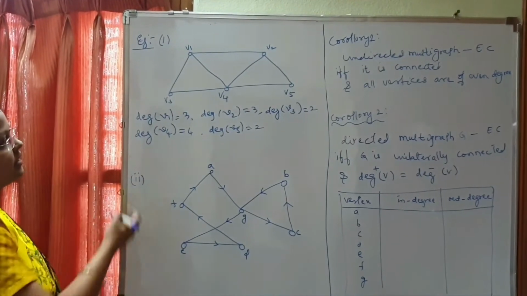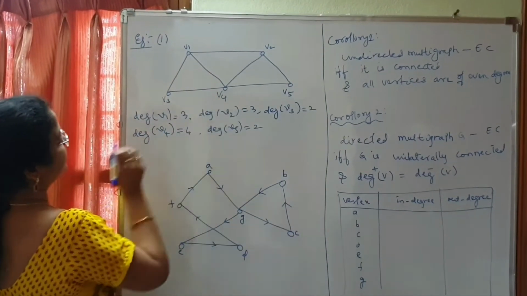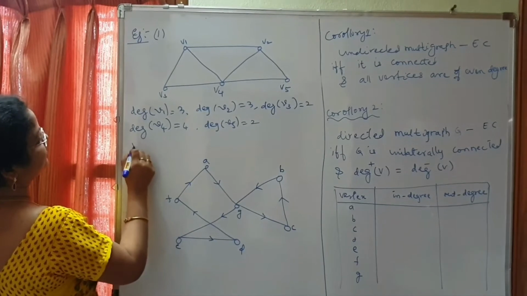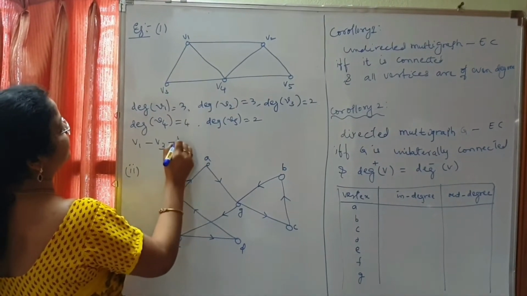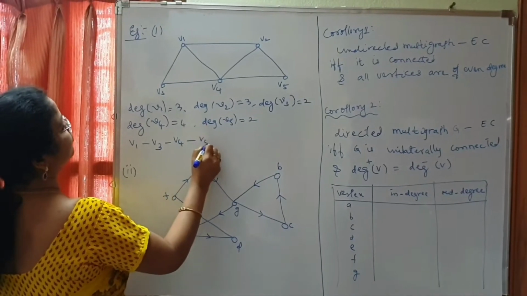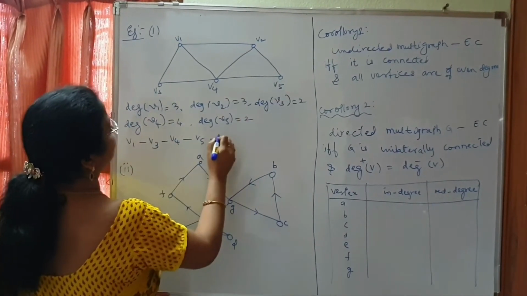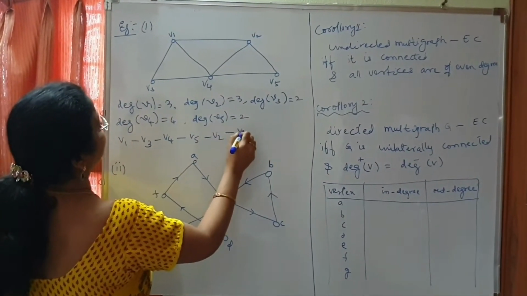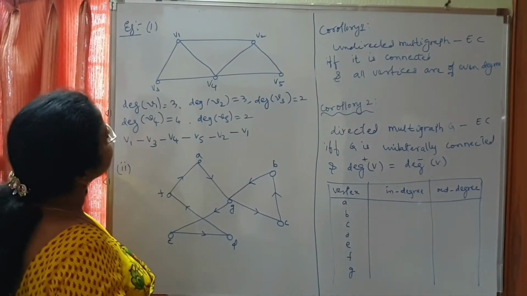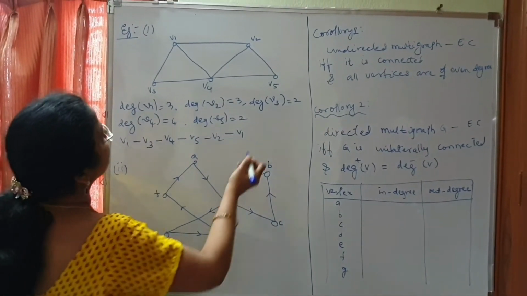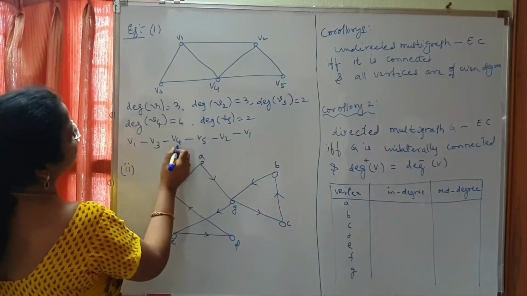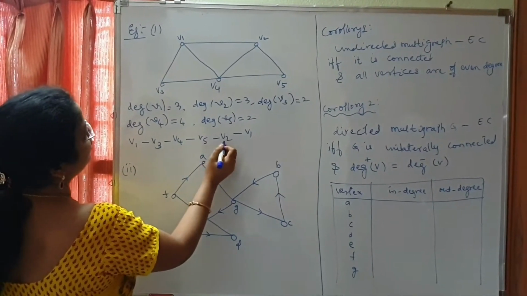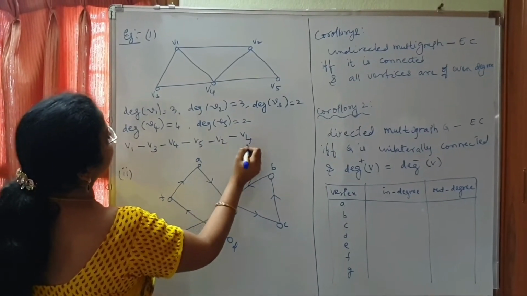If you observe this graph, draw a path from vertex V1 to V3, V3 to V4, V4 to V5, V5 to V2, V2 to V4.